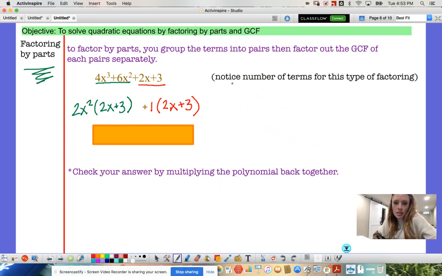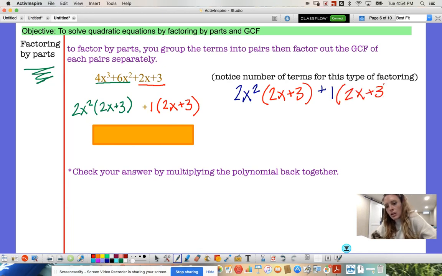So when you look at this, we can say, well, we've got 2x squared, but then we have this common term of 2x plus 3. And then, yeah, we have this plus 1, but then we have this common term of 2x plus 3.